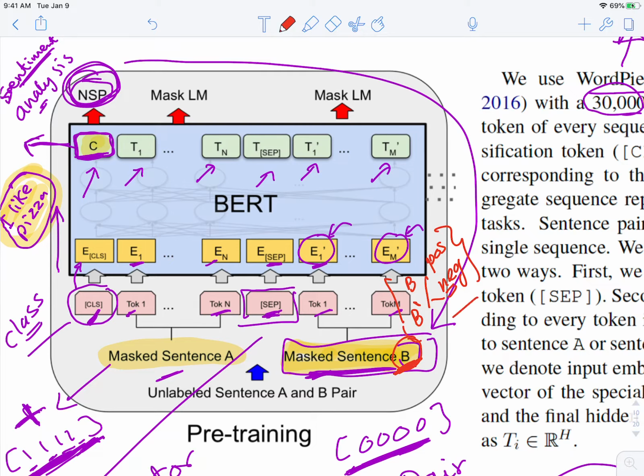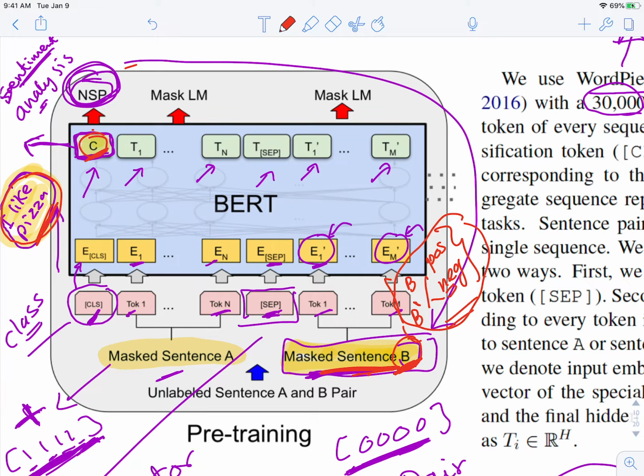So when we fine tune BERT, sentence B is analogous to the label that we will try to predict. Because we use this C token as a representation to predict whether this is the next sentence or not, we can in the same way apply it on the sentiment analysis sentence, fine tune it there, and then use it to predict the label.